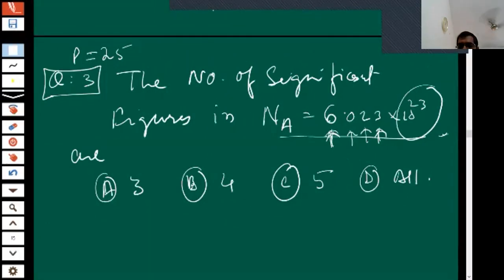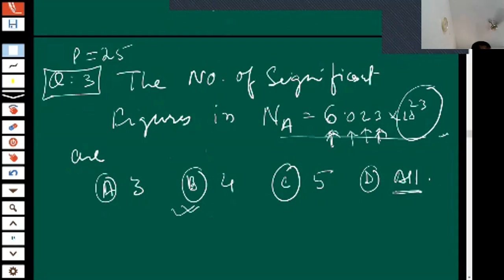So our answer according to the situation is 1, 2, 3, 4. This is correct. Okay, 'all' we can't write like this. If they were considering it as a counting number, and if they had said infinite, then we could think about infinite. Okay, children.